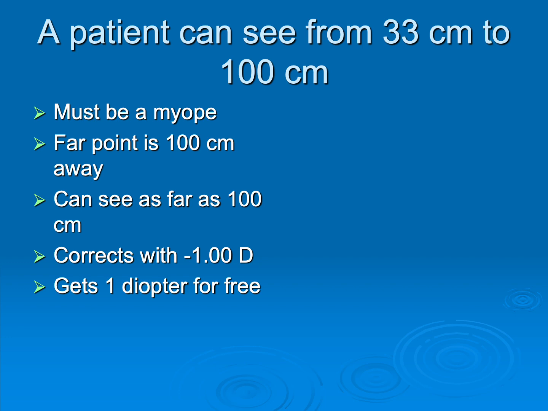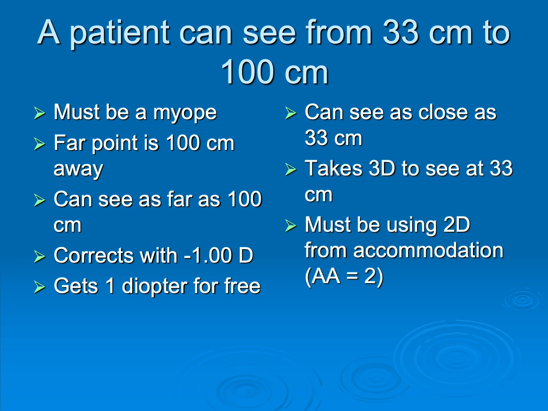And so if I'm a -1 myope, I'm getting kind of that trust fund easy money again, where I'm getting 1 diopter for free. And they're telling me that I can see as close as 33 centimeters, and I know that 100 divided by 33 is 3, so it takes 3 diopters to see at 33 centimeters.